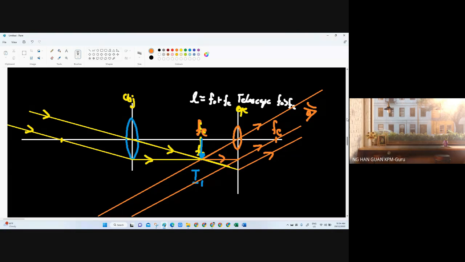So then the final image, how? Can we say that there will be no image seen by the eyes? Actually, it's not. You have to remember, our eyeball is also a lens. So once the parallel rays enter our lens, just like our eyes, it will form a sharp image on our retina.